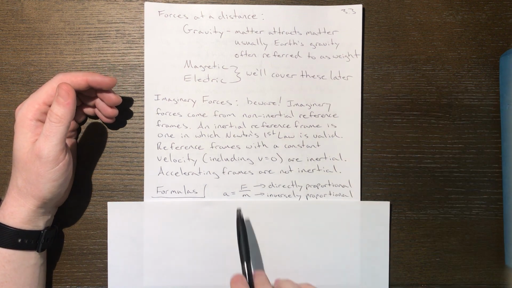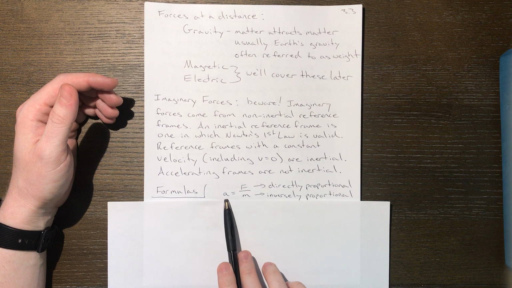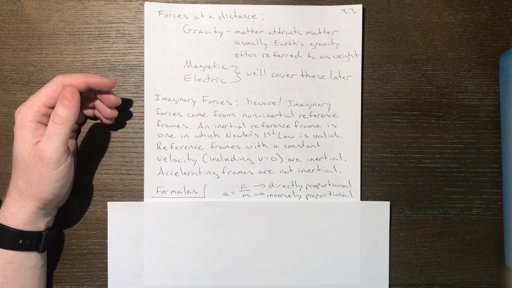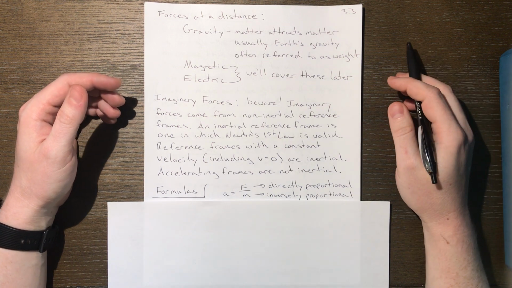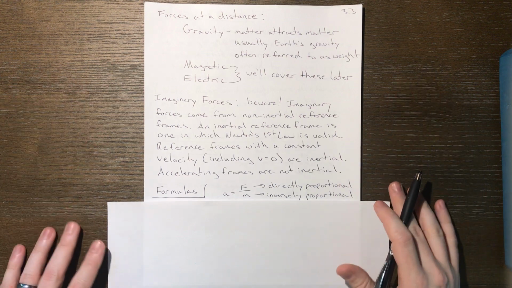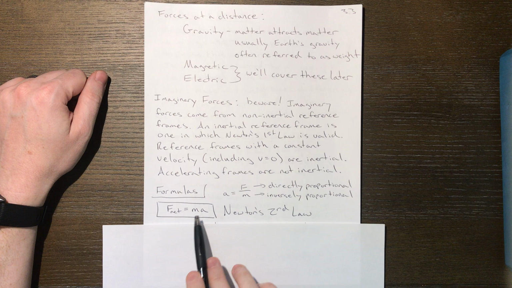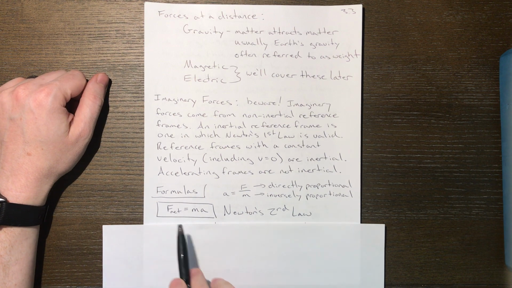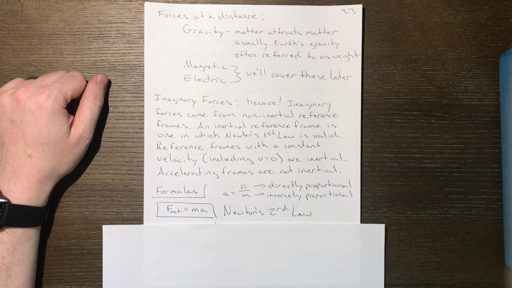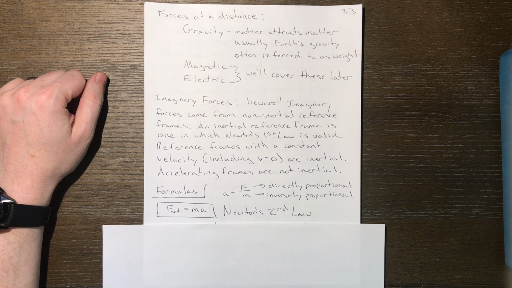All right, well, this defines acceleration based on force and mass, but it's not usually how Newton's second law is written. Newton's second law is typically written as F net equals ma, that the net force is equal to mass times acceleration.